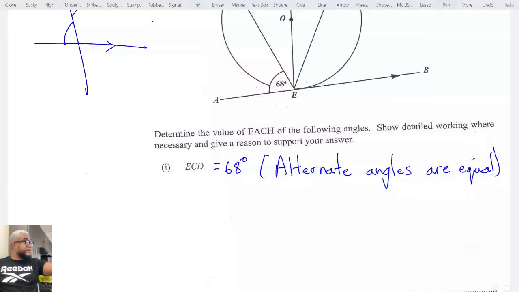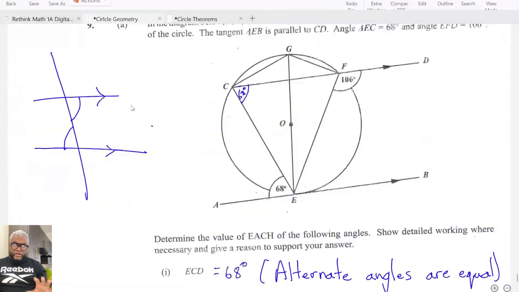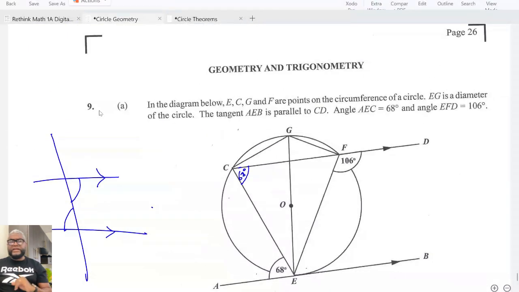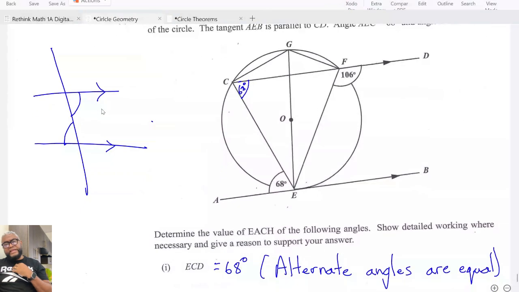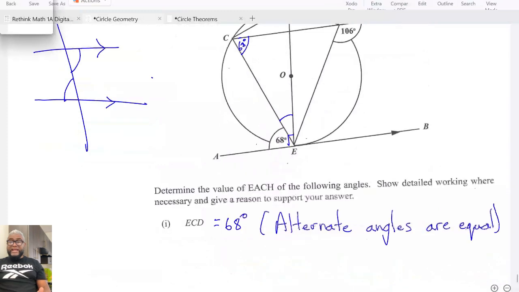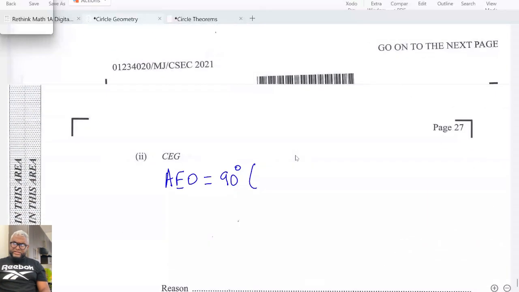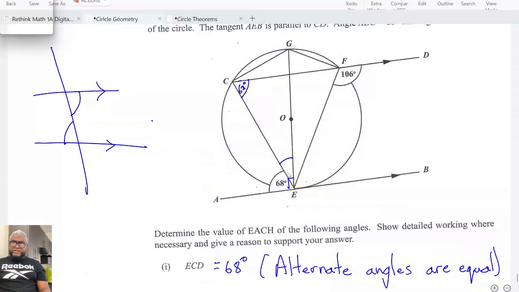This is number 9A, part 1. Alternate angles are equal. So we want to find CEG. Where a tangent and a radius meet, a 90-degree angle is formed.